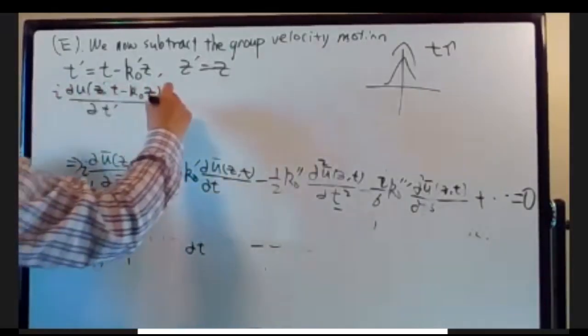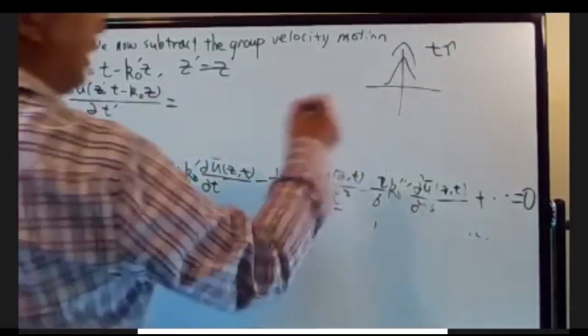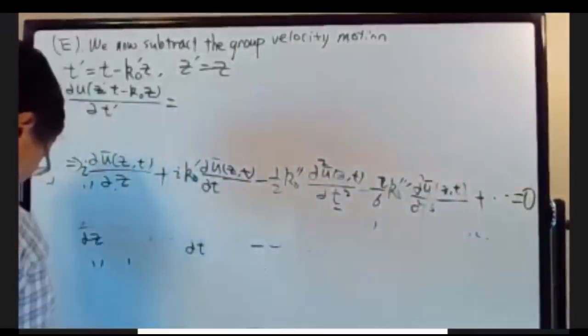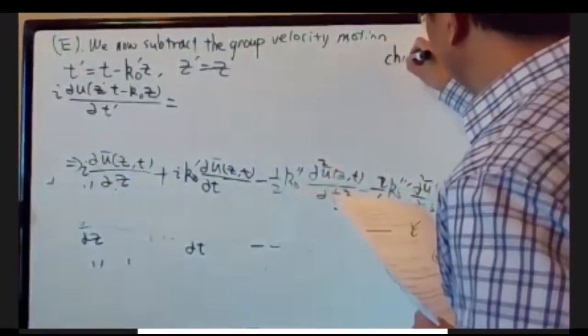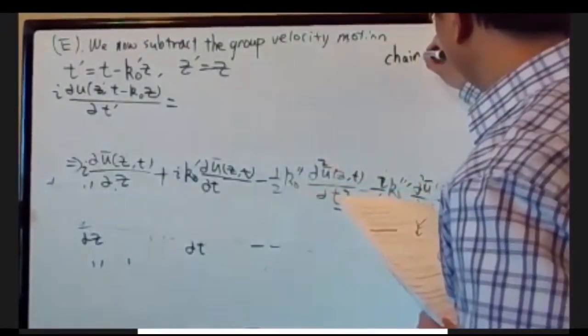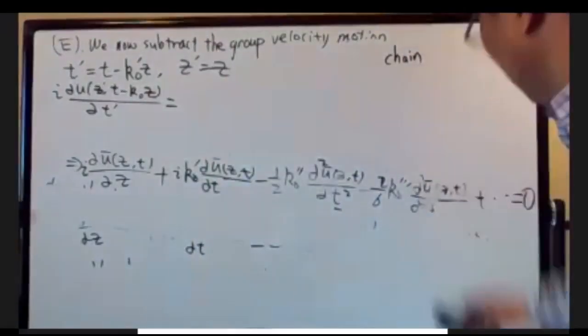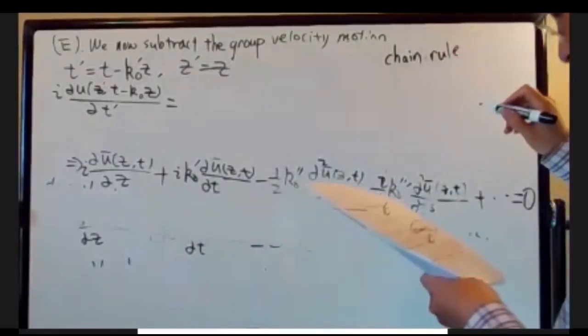And then this equals, we use the chain rule, right? What is this chain rule? The multi-variable chain rule.